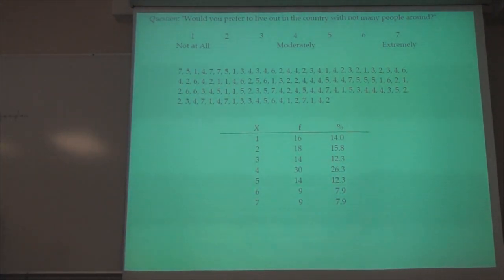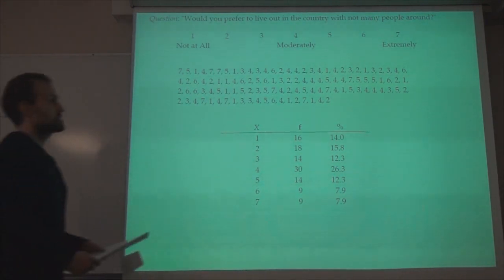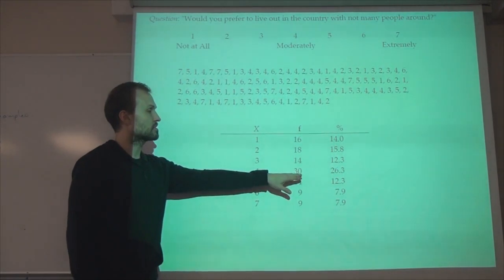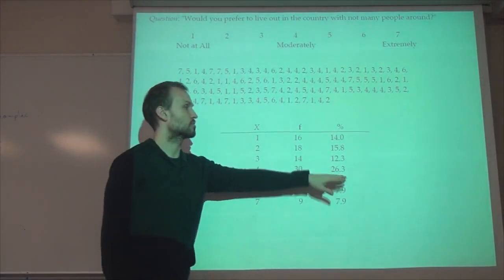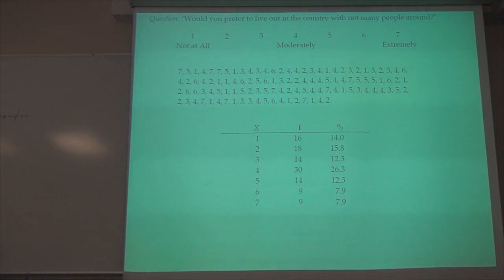So a frequency of 4, which is sort of in the middle, occurred way more often than anything else. And the corresponding percentages, by just taking, for example, 30, dividing it by 110, would be 26.3%. So if I compare this way of representing the information versus this table, I think everyone would agree that the frequency table is a much more clear way of representing the information.